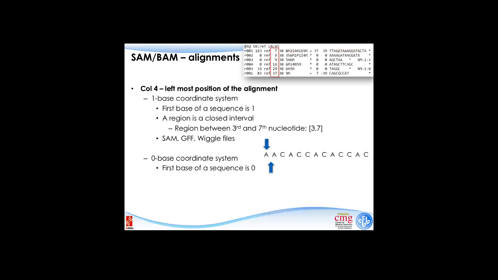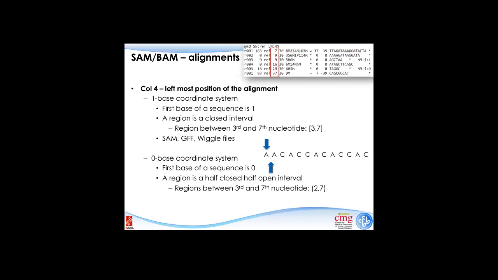Actually, you should point your arrow not on the nucleotide, but rather on the gap in between. So when you say it's 1, that means the first gap, and then the second, the third.